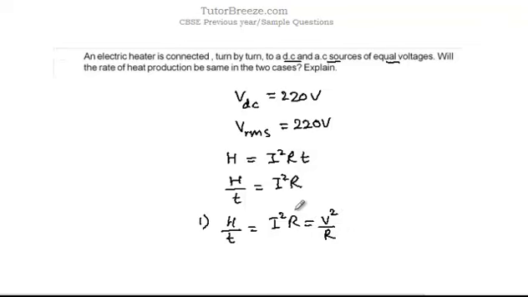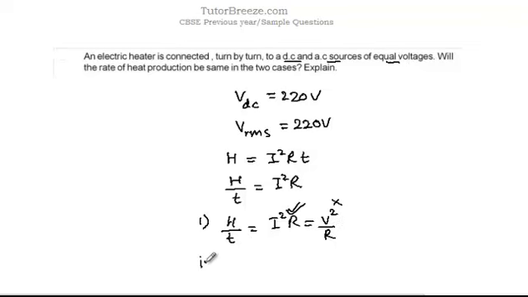Normally, whenever you have to find the heat produced or dissipated, you need to use this formula and not the other one for heat production. Here, since we are given the voltage, we are writing this in terms of the voltage.